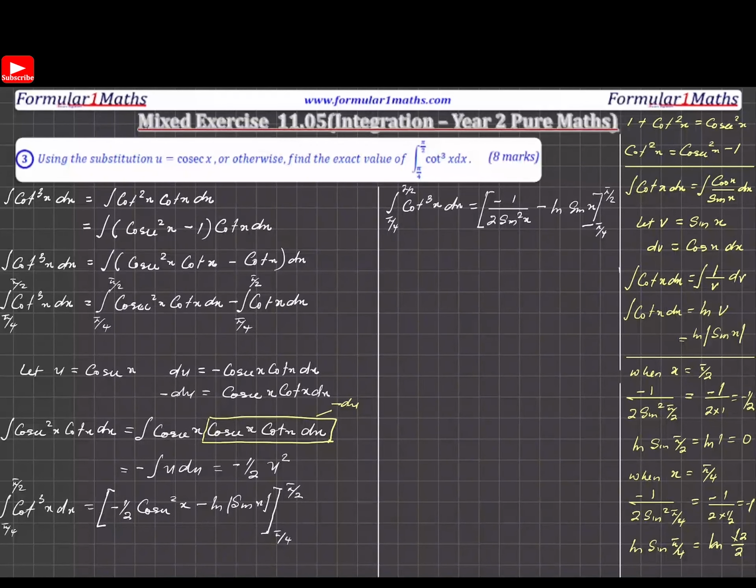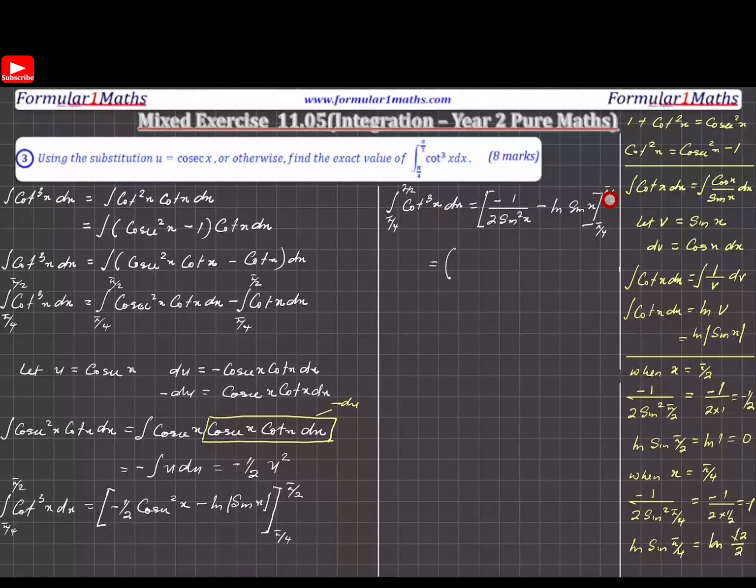We can now do our substitution appropriately, and this is what I'm going to get. When x is pi over 2 in this term, I'm going to get minus a half, and when x is pi over 2 in this term, I'm going to get 0 minus. Then I put both pi over 4 here and there, and I'm going to get minus 1 and minus ln root 2 over 2 respectively.